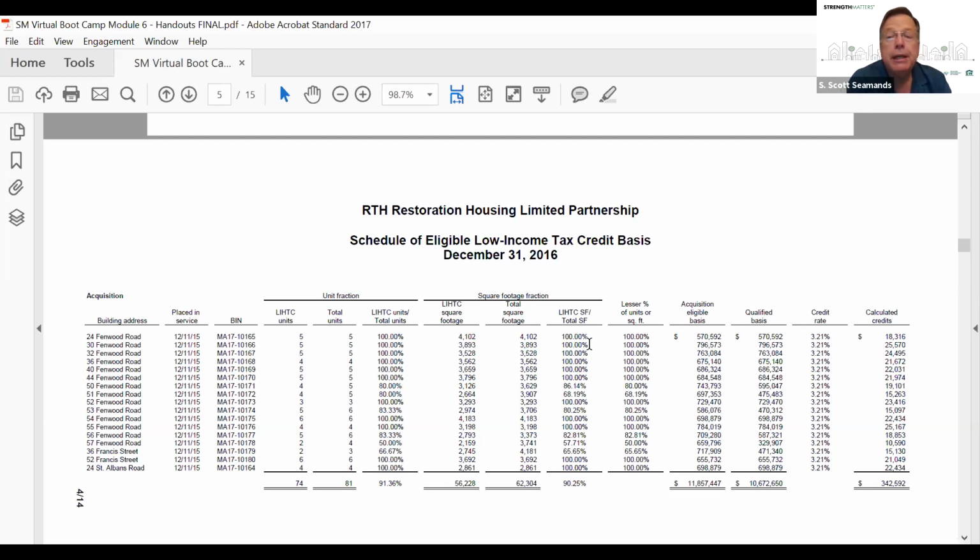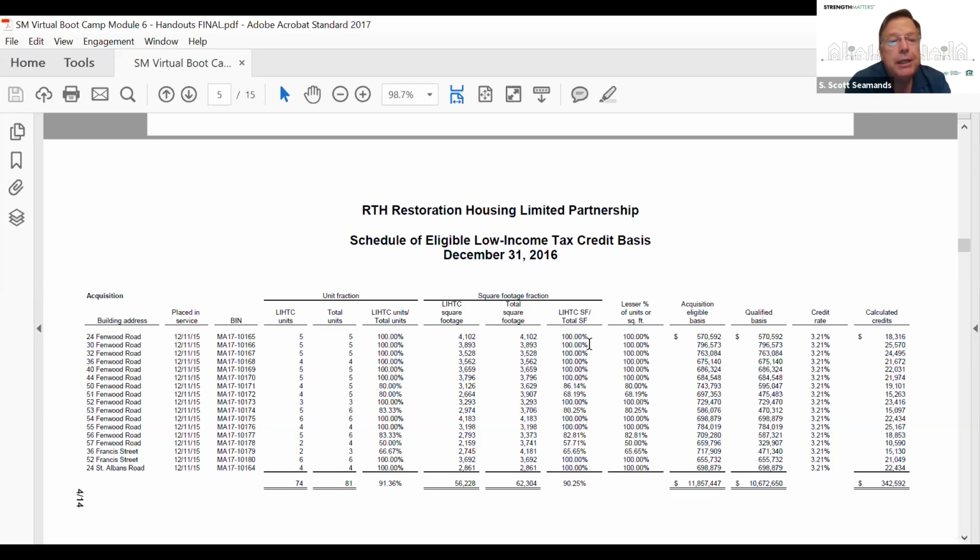Each one might have a different place in service date. So this has to do with when the final unit for that building was placed in service. The entire building was placed in service when the last unit in the building was placed in service. So in this case, all of the buildings were placed in service on December 11th, 2015.